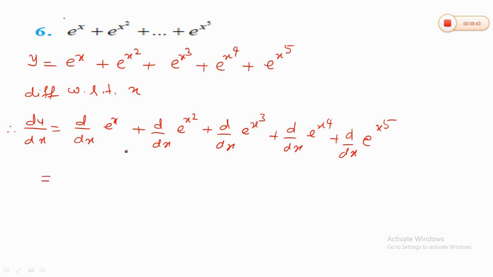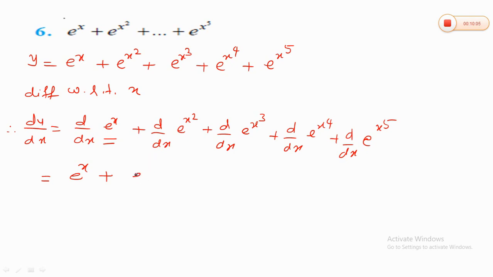This equals, first, the derivative of e^x is e^x, plus, observe here it is a composite function e^(x^2). So instead of writing all the steps here, I will directly write that the derivative of e^(f(x)) is e^(f(x)) times the derivative of f(x).